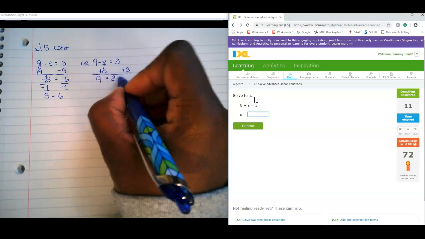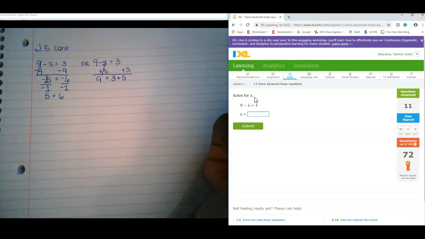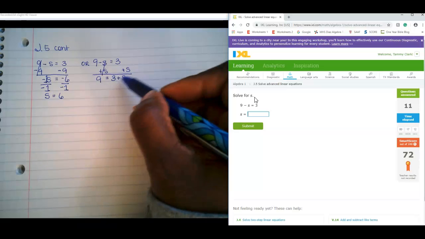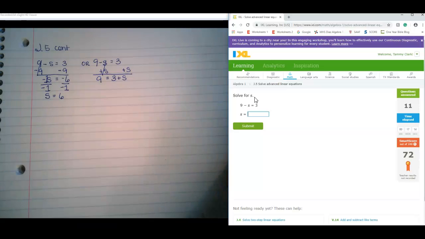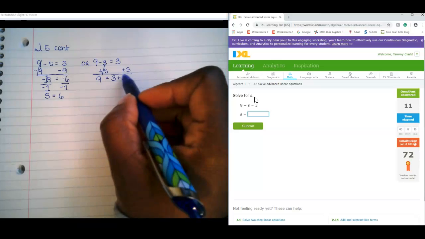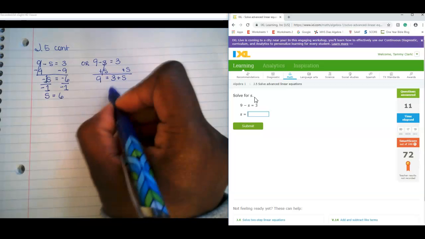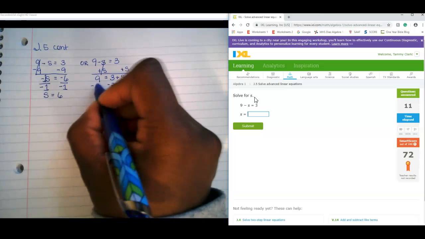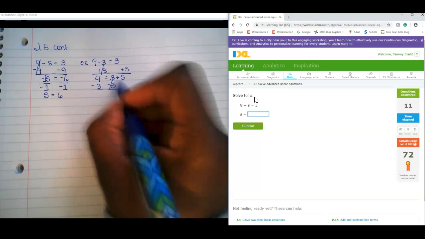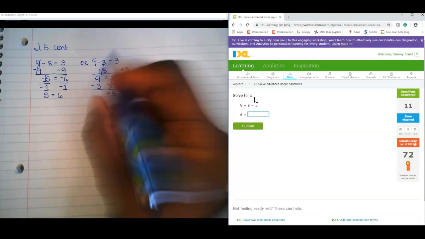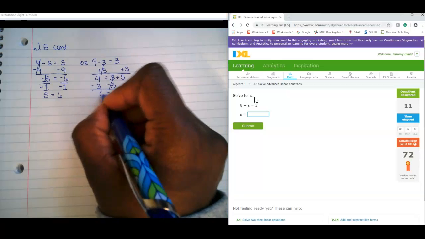And over on the right side of the equal sign, I now have 3 plus s. Remember, these are not like terms, so I can't combine them. But now that I have the s over here and it's positive, I can subtract 3 from both sides of the equation, and that leaves me with s equals 9 minus 3, which is 6.